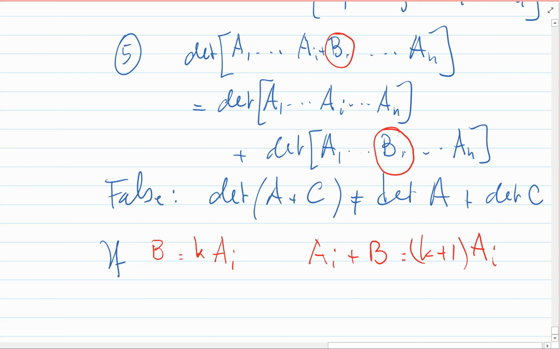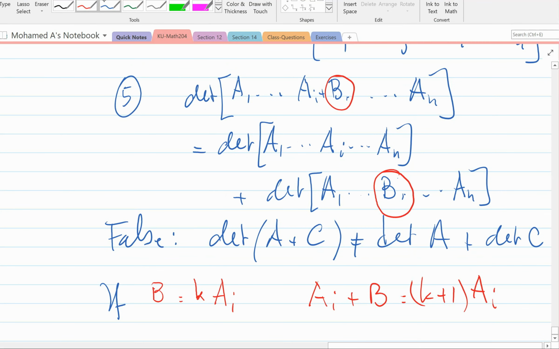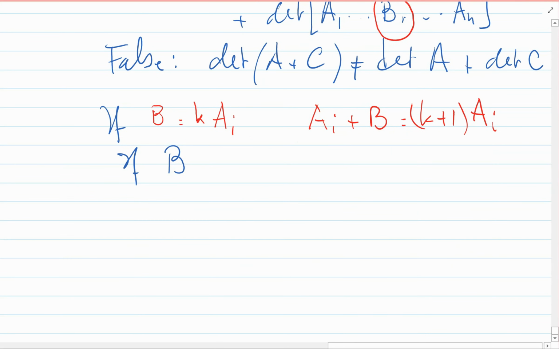But the point is, what happens if B is equal to K times another column, AJ, with J different from I.